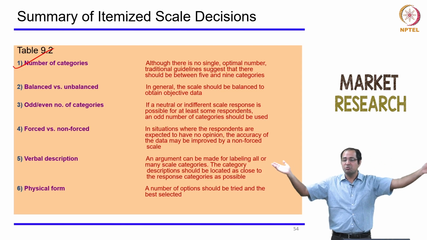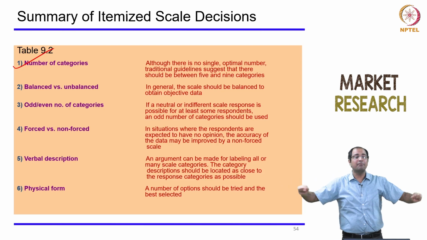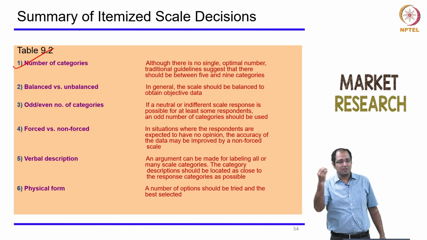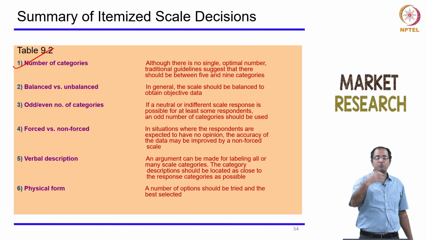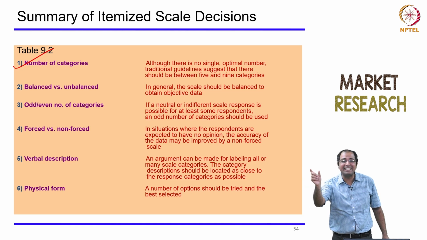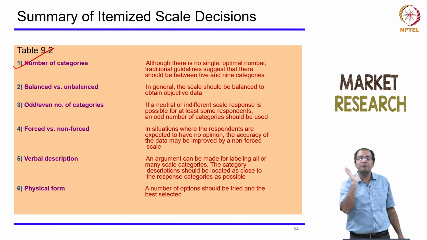You can make it 9 point or 11 point, depending upon how knowledgeable your audience is and how finely they can give you the answers. Will they be able to differentiate between slightly and moderately? If not, then use 5 point.